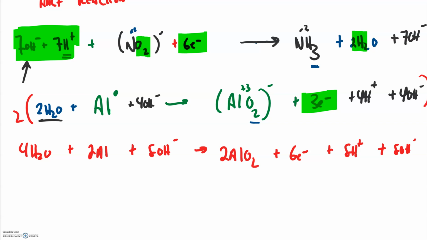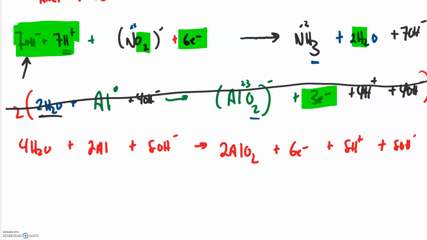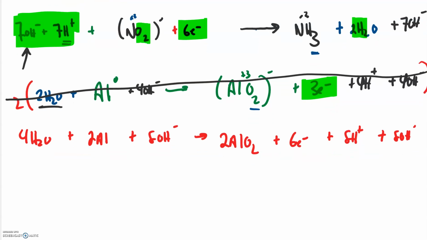So now we're going to take these 2 reactions and combine them into 1. And let's draw a big line through this one so we don't let that confuse us. Alright, so when we combine both of these equations, we're going to try to make things easier on ourselves by combining things where we can.